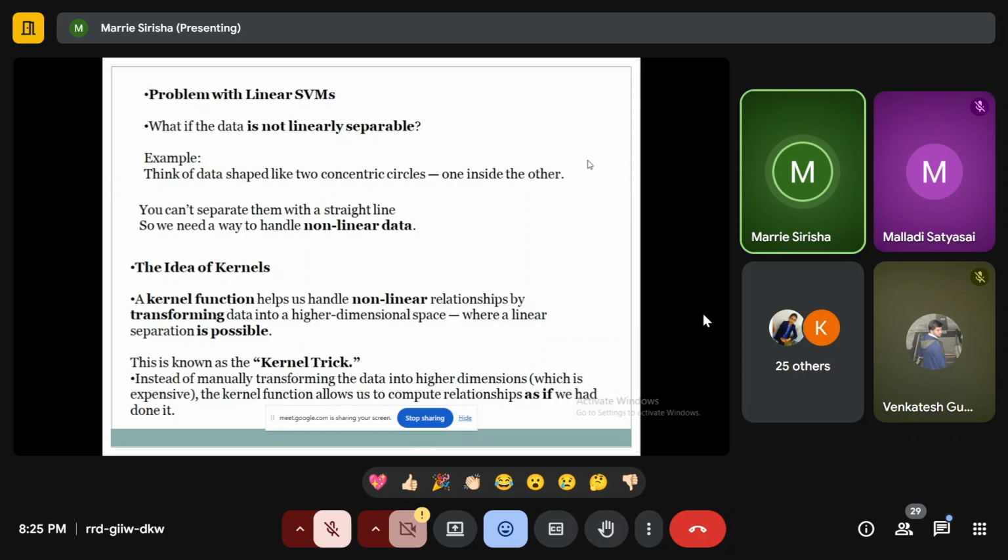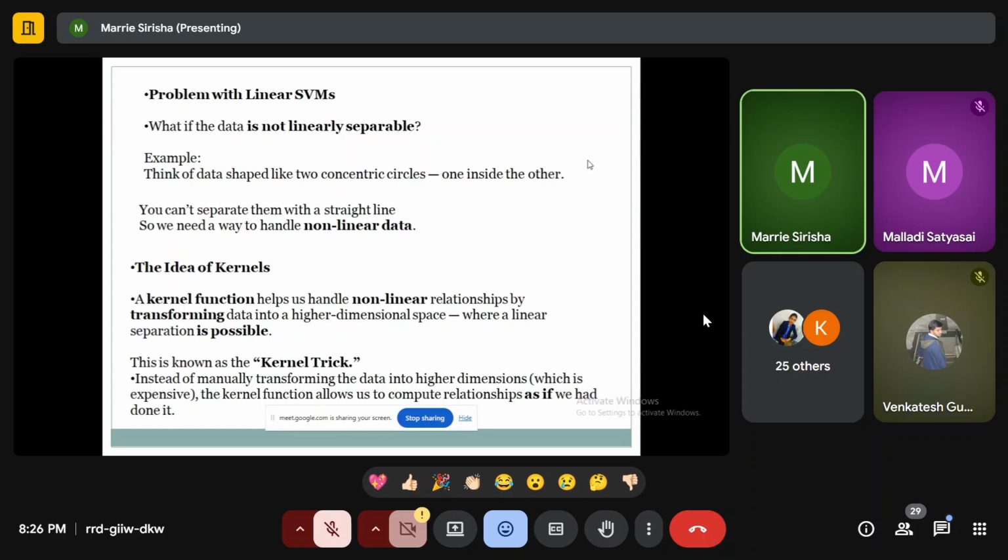If data points are linearly separable, we can separate them easily. But what if it is a circle? Can you separate a circle? No. I have a circle inside another, which is called concentric circles, right? I have 2 concentric circles, one inside the other. How do we separate that? We cannot separate it. So that is the problem we are facing with the SVM.